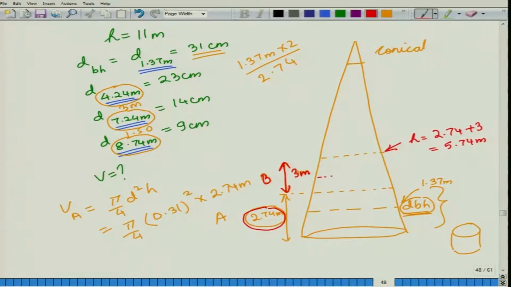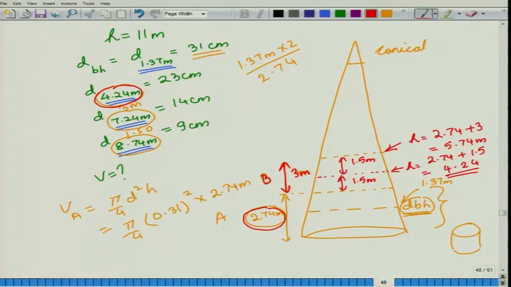Now, what is the central portion? Because this is 3 meters, here you have 1.5 meters and here also you have 1.5 meters. So, what is the height here? The height is 2.74 plus 1.5, which is 4.24 meters, which is the second height that we are given.